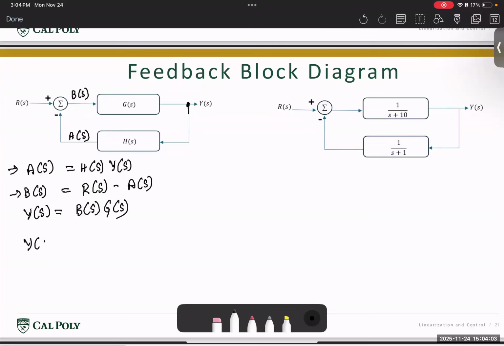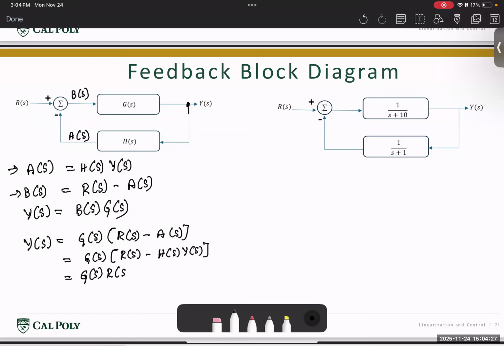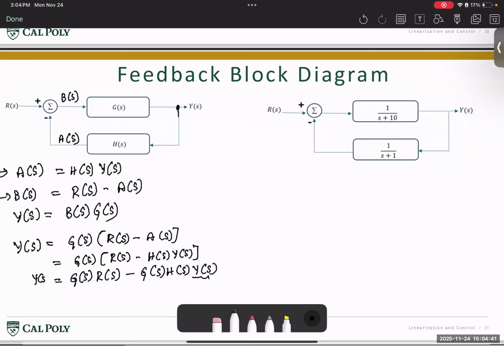When I do that, I get Y of S is equal to G of S times R of S minus A of S. This is G of S times R of S minus H of S Y of S. This is nothing but G of S times R of S minus G of S times H of S times Y of S. And simplifying this equation, I have Y of S on one side and then I have Y of S on the other side.